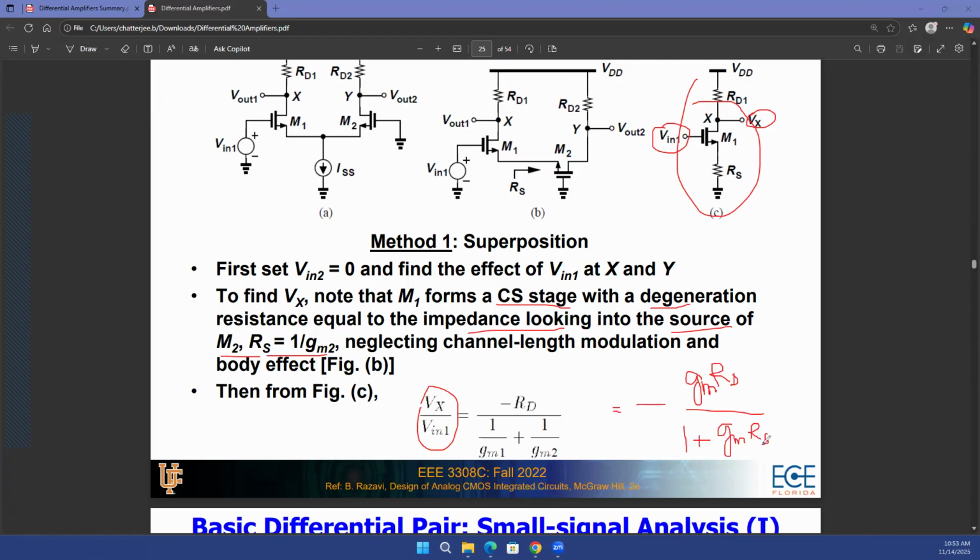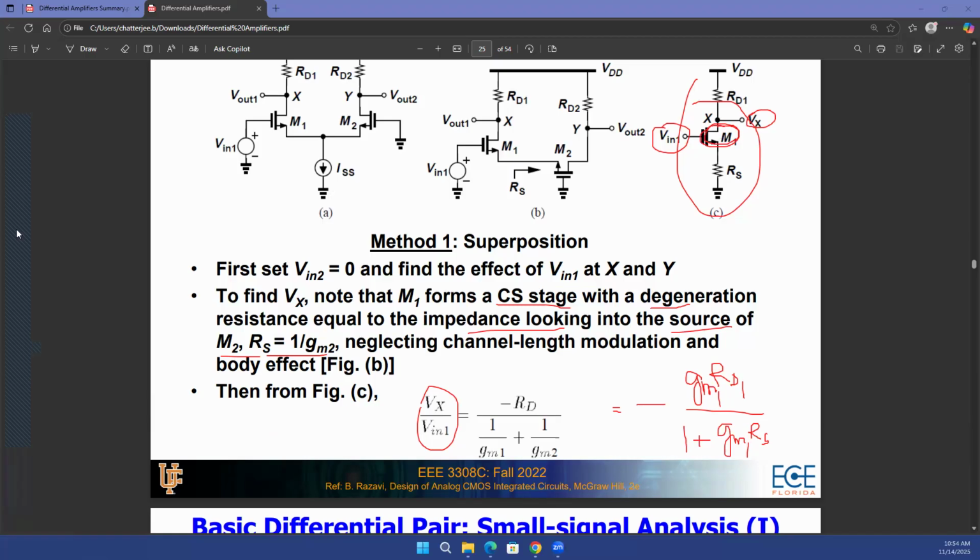Remember that the effect of source degeneration is that your gm becomes gm divided by 1 plus gm Rs. Now, what is Rs and what is gm? gm is basically gm1 because you are only considering the gm of the M1 transistor. That's where your AC input is provided. So gm1 times RD1 divided by 1 plus gm1 times Rs, and Rs is equal to 1 upon gm2.